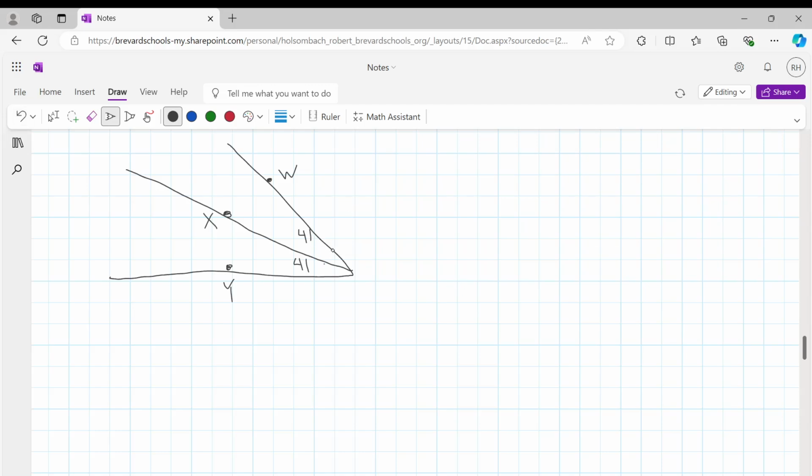So if these two angles are congruent, that means that this segment ZX is an angle bisector.